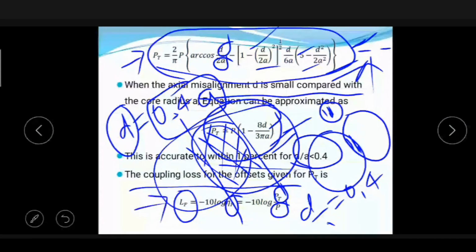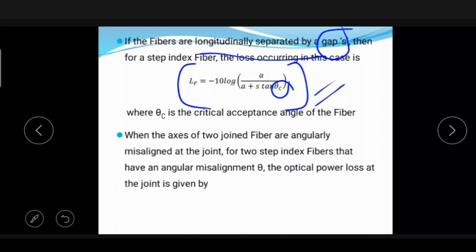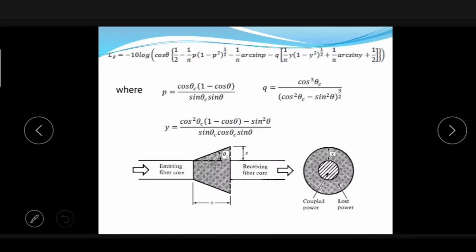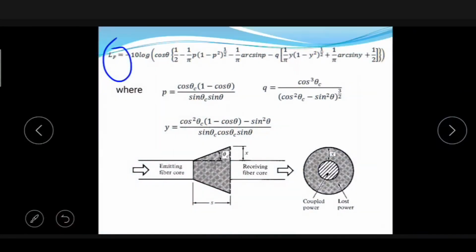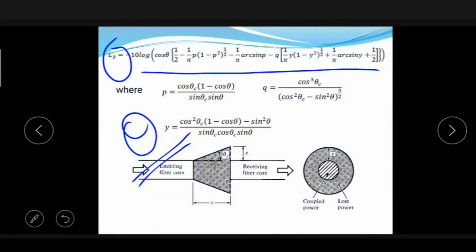So this is a fiber loss due to mechanical axial misalignment. This is a fiber loss due to mechanical longitudinal or end separation. Then this is a loss whenever the mechanical misalignment is angular, theta type. So this is the expression, LF is minus 10 log, etc.